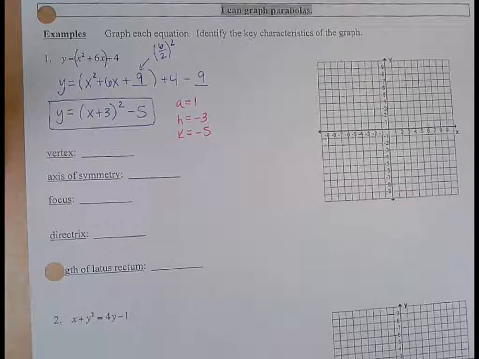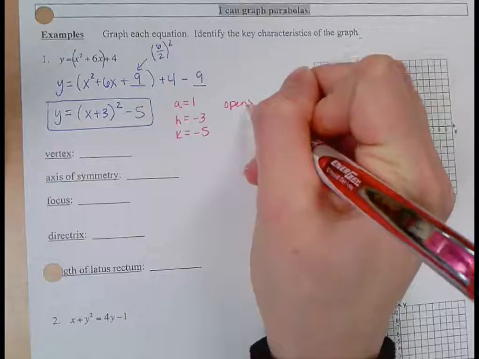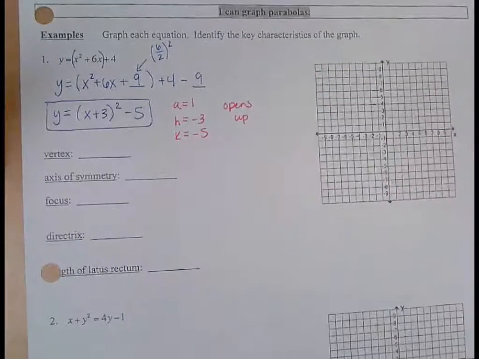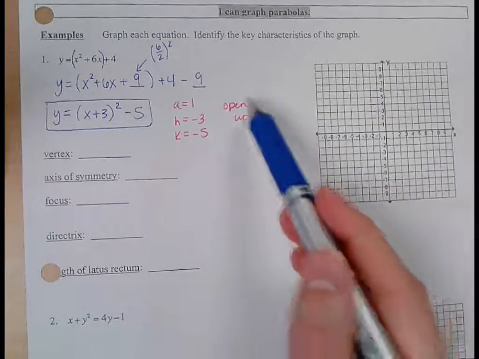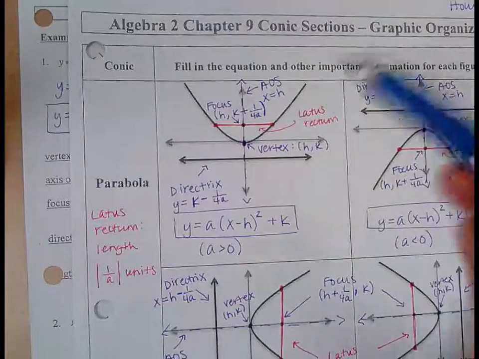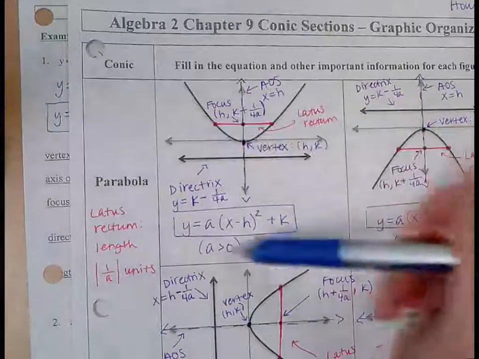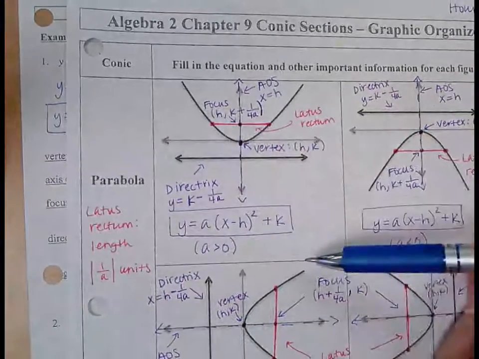Which way is it going to open? It's going to open up. Okay, so why that's helpful to identify is then I know on my graphic organizer, all of my formulas are in this very first box. So this is the only place I need to look to find anything I need to know.